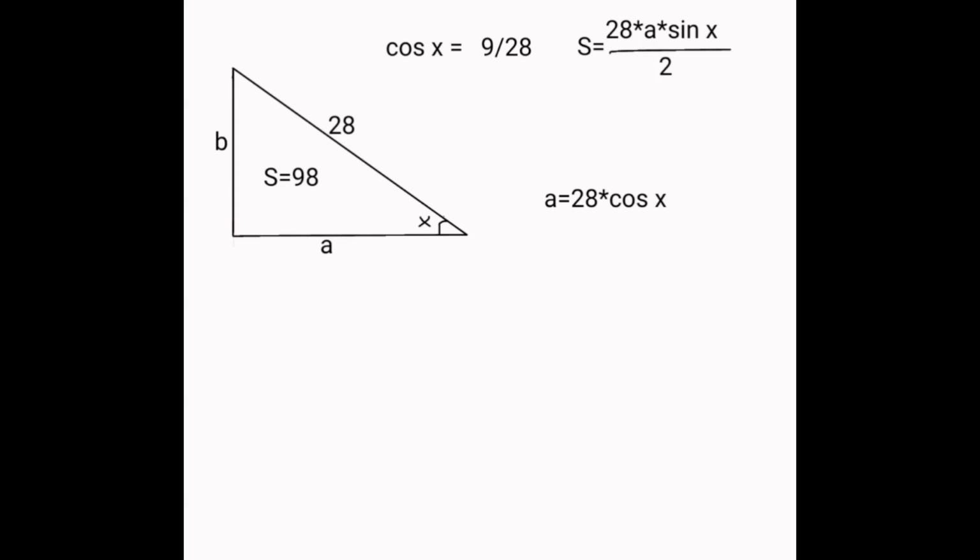And after that, let's say that the side A equals 28 multiplied by cosine of the angle that we're looking for.